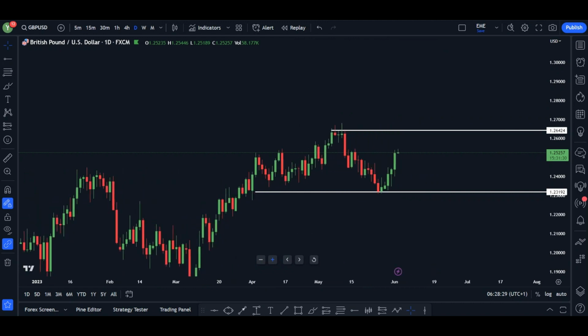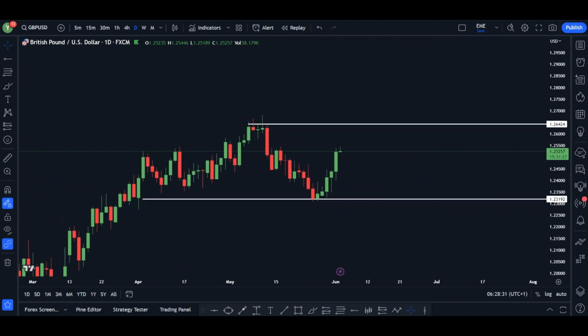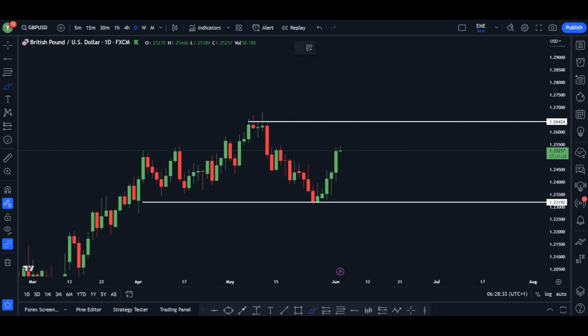If we zoom in a bit, you notice that we've been having a decent bull run to the upside, with strong buyers moving the market to this high, and this is the inflection point from where the sells which took price all the way down started.